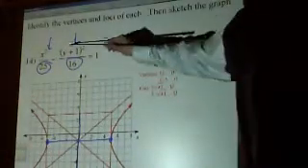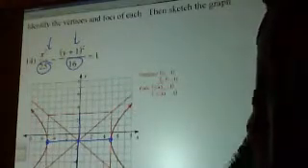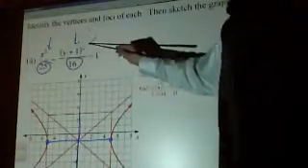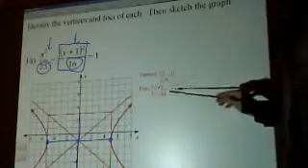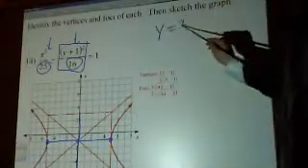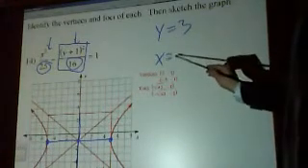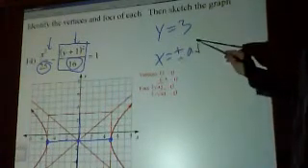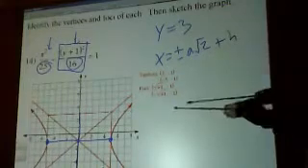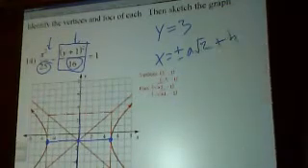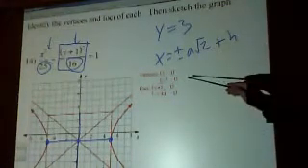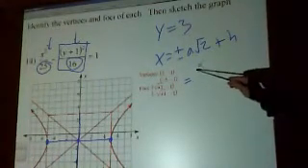Then we would pick y to be 3, because we want to get 3 plus 1 equals 4, so that 4 squared gives me 16 over 16, and I would have x equals plus or minus a root 2 plus h. And in this case, our a is 5, sorry.